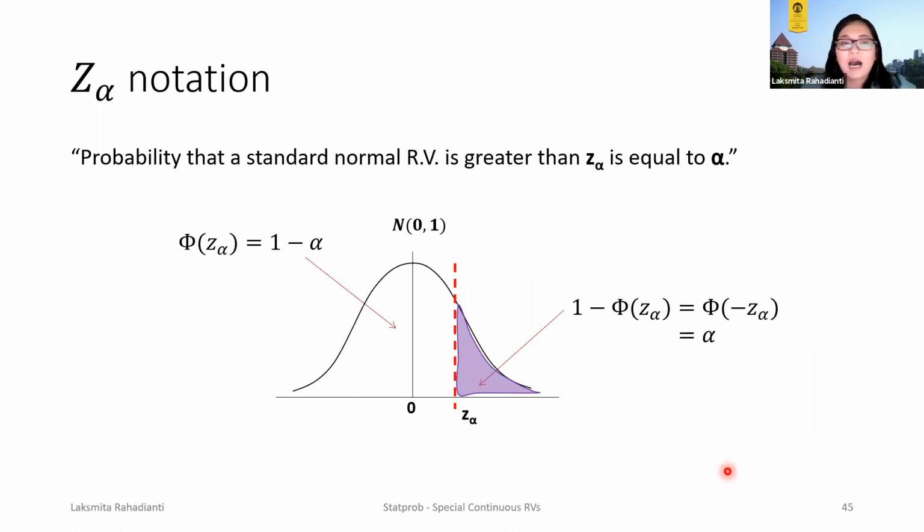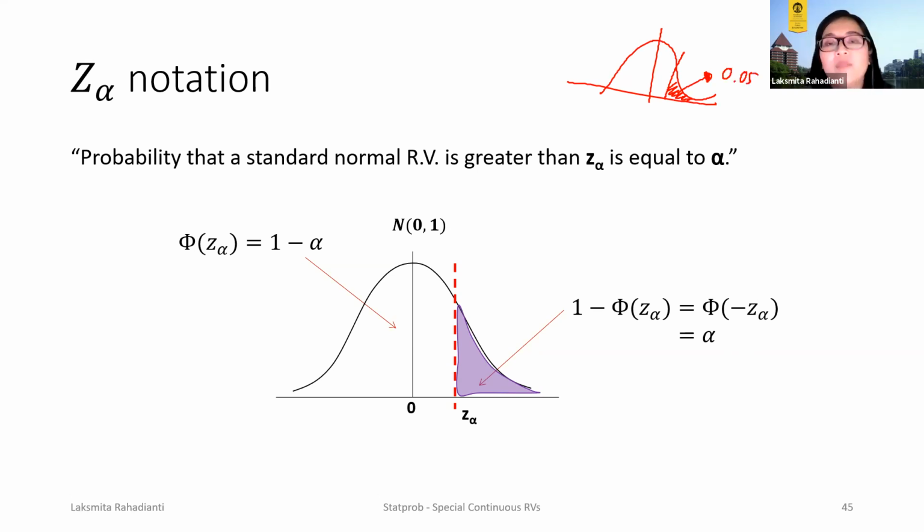Okay, so additionally, based on that concept, I'm going to introduce to you the Z alpha notation. So it's not exactly the same. The Z alpha notation basically means that if you are looking at the probability that a standard normal random variable is greater than that particular value, it is Z alpha. So say I have this standard normal variable, and I know that this probability here is equal to 0.05.